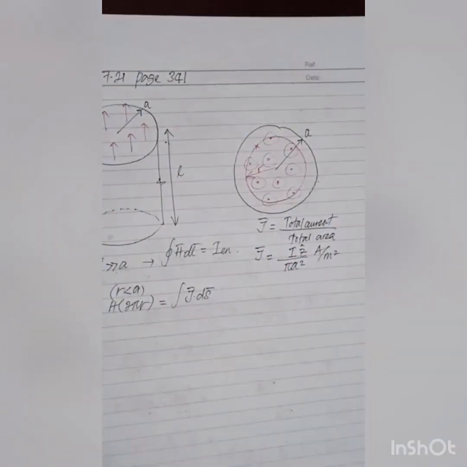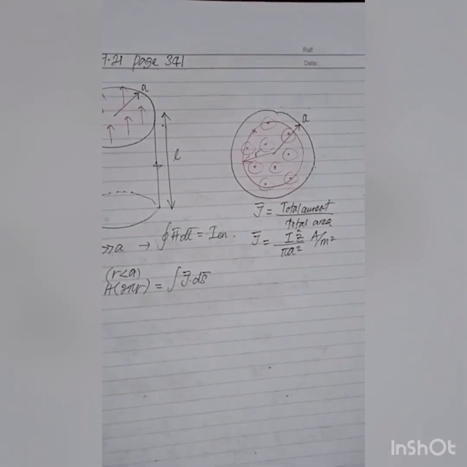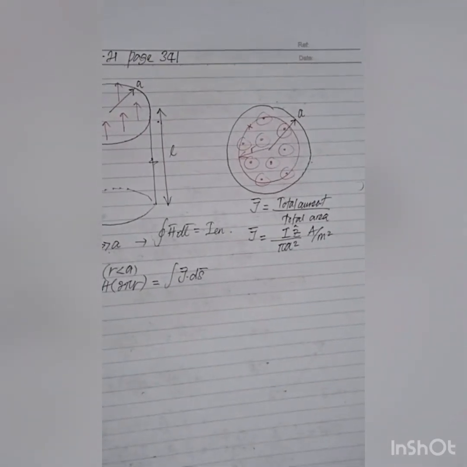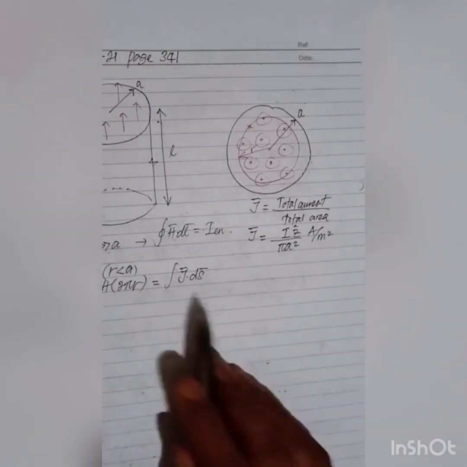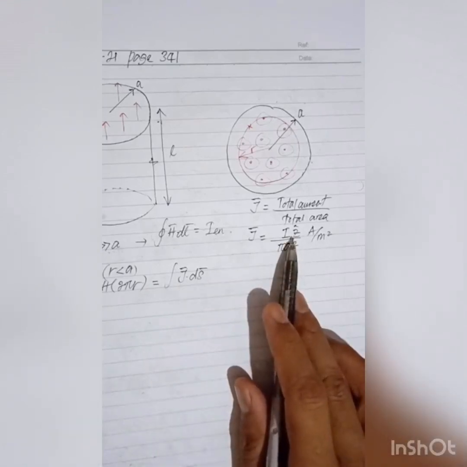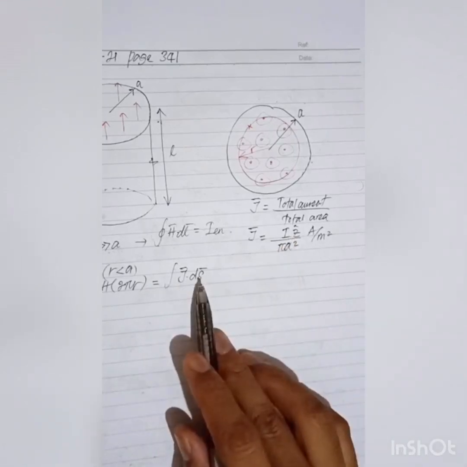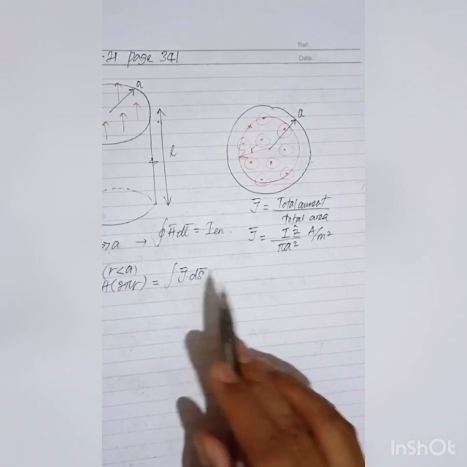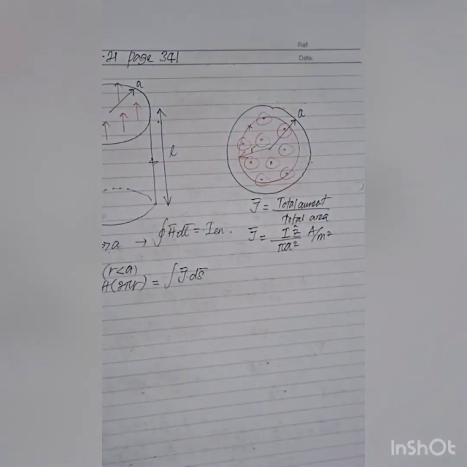That's how we find the current enclosed within a loop for the case of volume current density. Since the J here is in the z direction, by right the ds also must be in the z direction to make it valid. Otherwise we are going to have zero value.